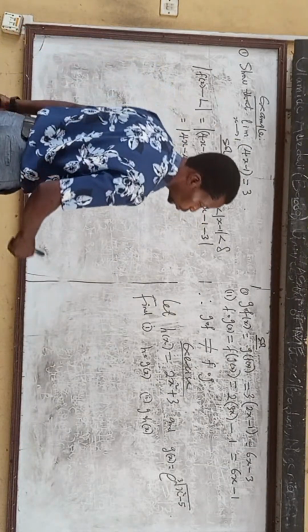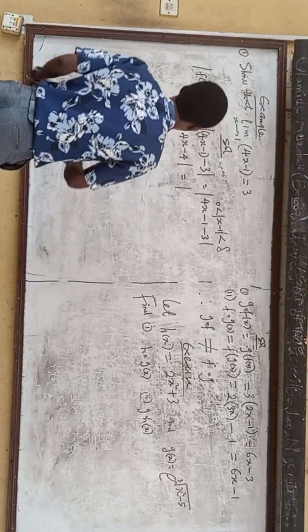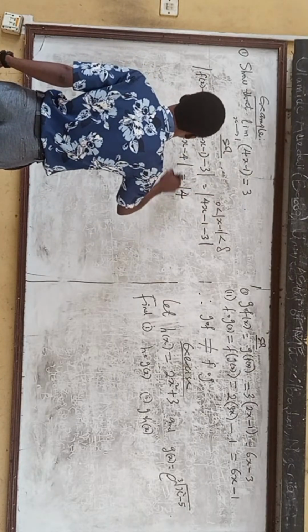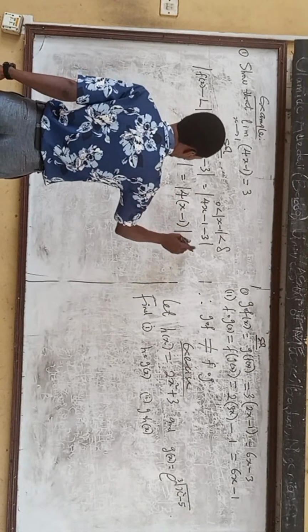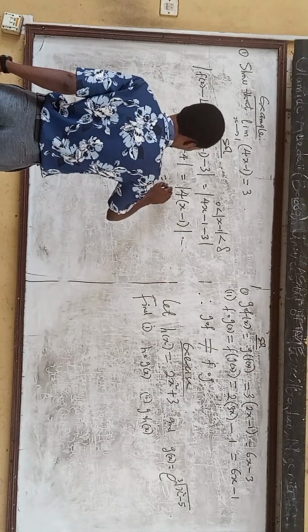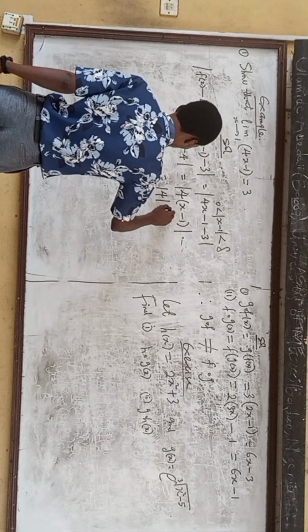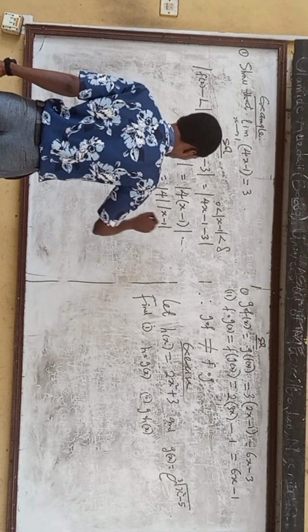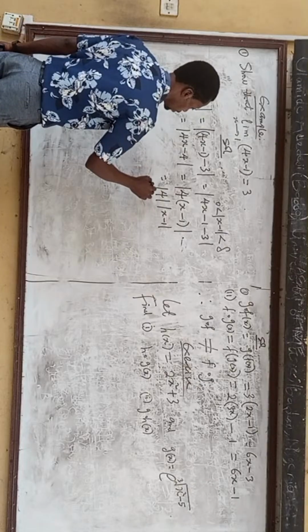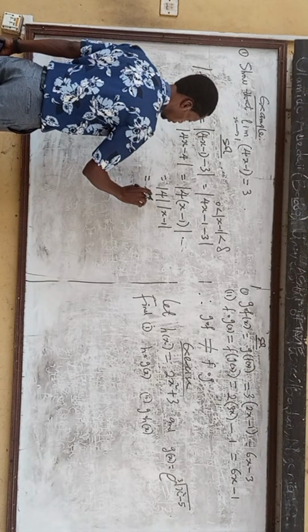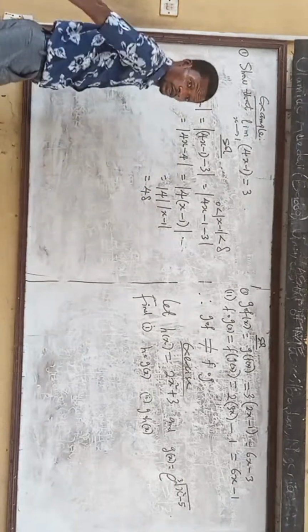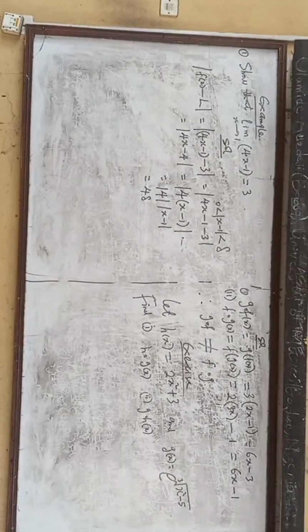Because the constant we have is minus 1. That's 4 into x minus 1. And this is the same as modulus of 4 and modulus of x minus 1, isn't it? So what we have is 4 delta. Are we okay?